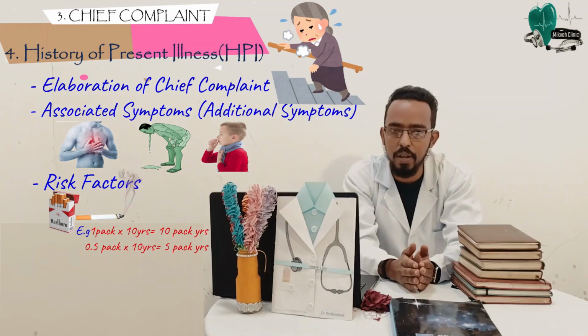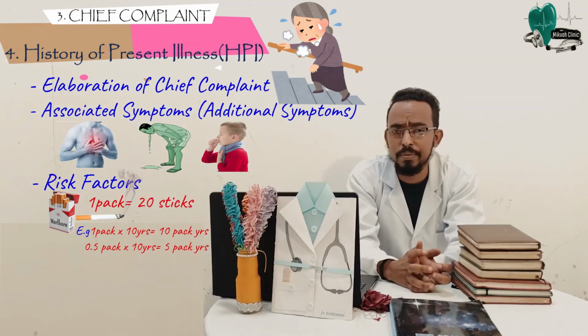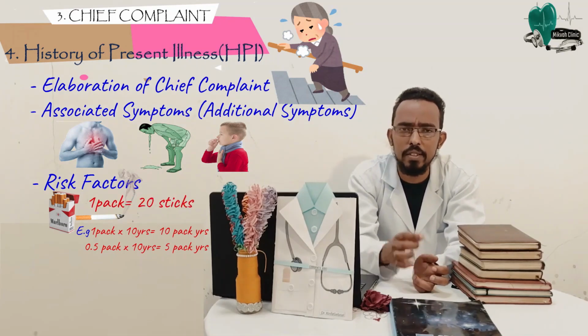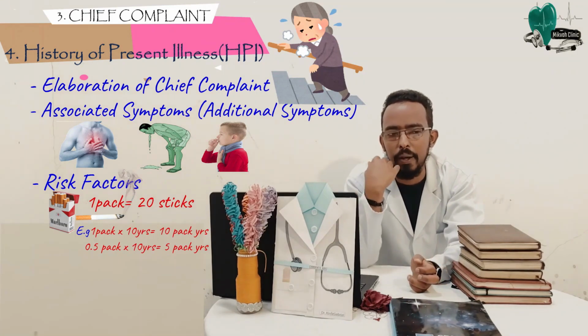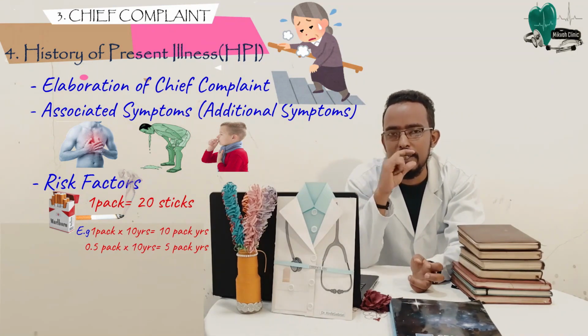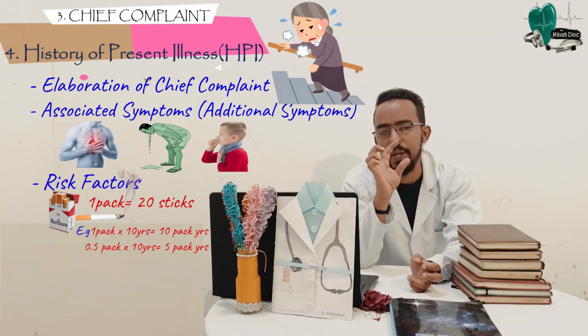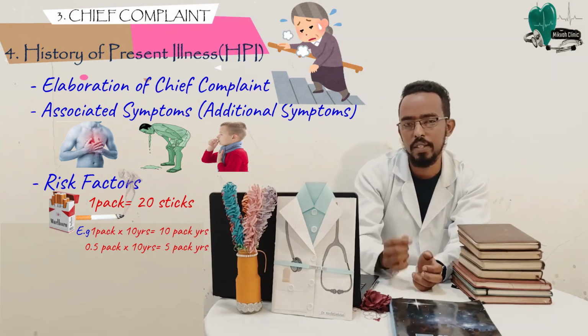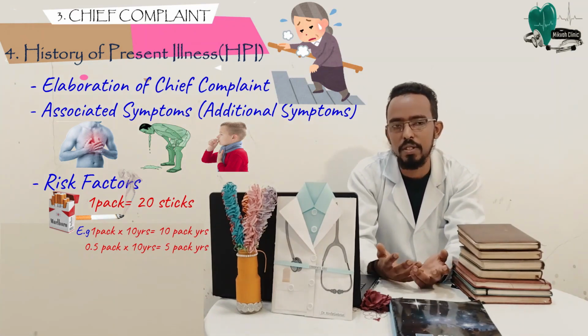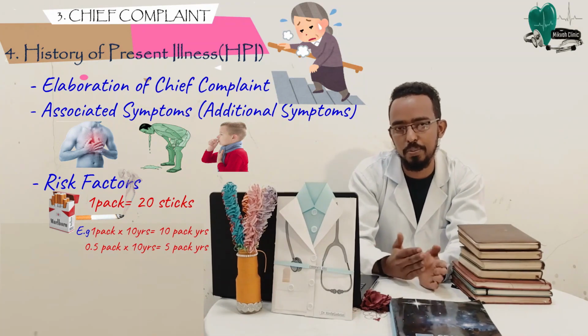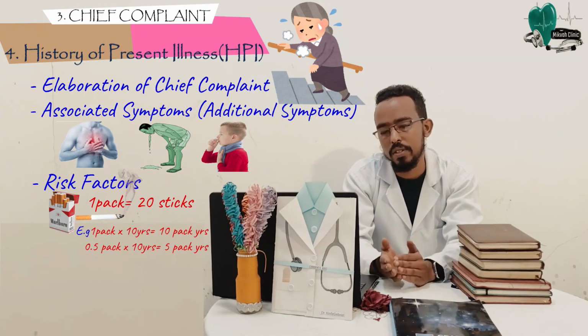And for example, if he smoked 10 sticks of cigarettes, because 1 pack of cigarettes contains 20 sticks, then 10 sticks means half a pack. Always we have to change it to packs.